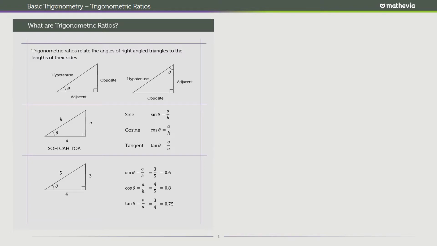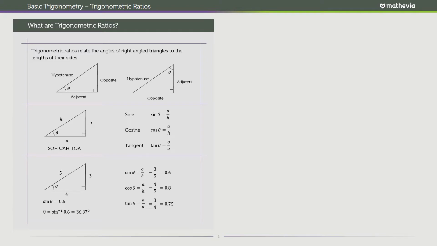Now, what if you're looking to solve for theta? Because I told you that the trigonometric ratios relate the angles of right angle triangles to the length of their sides. If you're looking to solve for theta, quite simply, you can use sine. Sine of theta we've established is 0.6, so if you're given sine of theta equals 0.6, you find the sine inverse of 0.6.